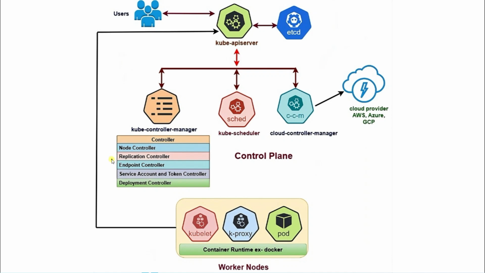The replication controller is responsible for managing the replication of your pods or whatever you have given a command for. Similarly, we have endpoint and other components as well. This Kube controller manager also does a lot of jobs for us because there are multiple controllers behind it.